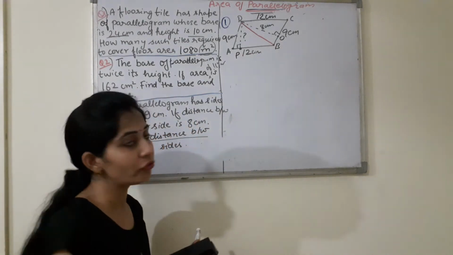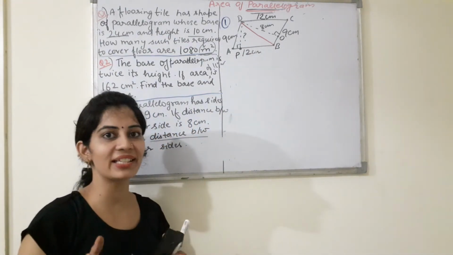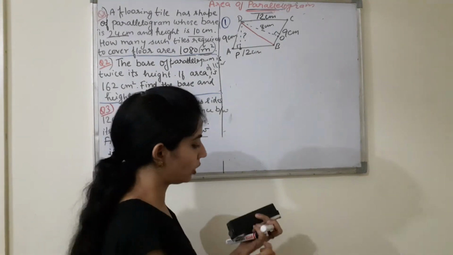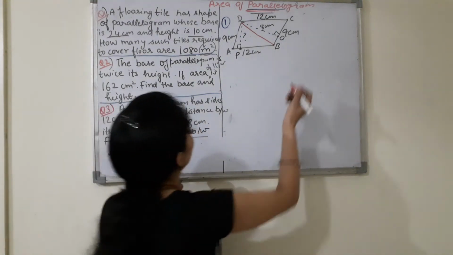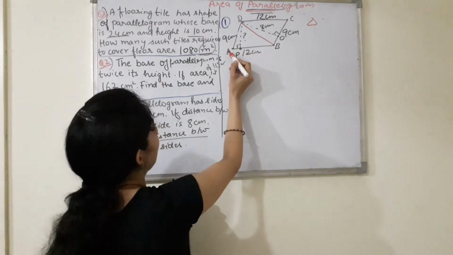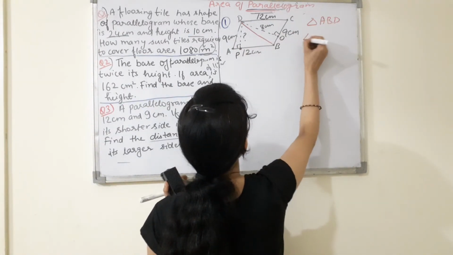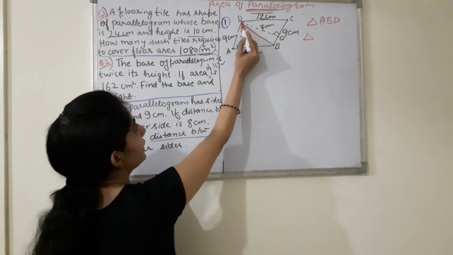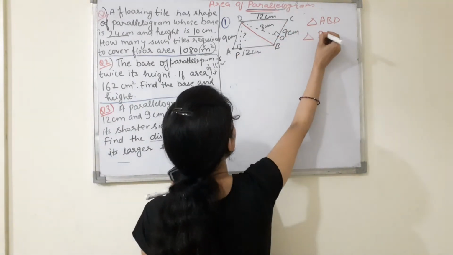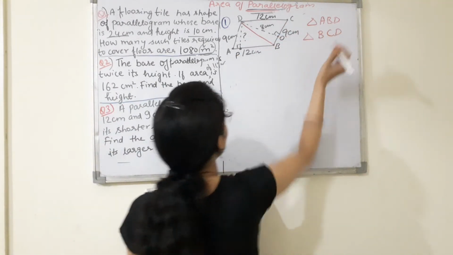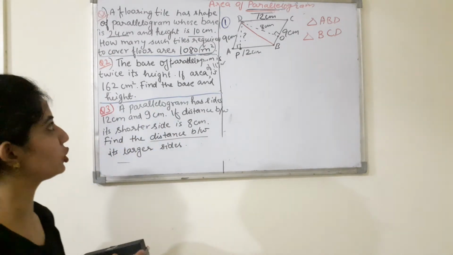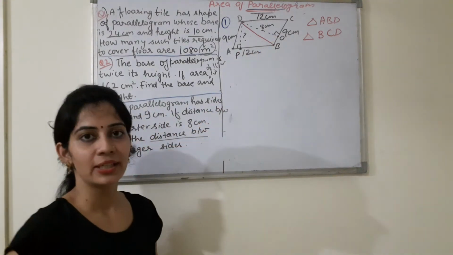Right, area of triangle is what? 1/2 base into height. Now if I see what two triangles are here, see triangle ABD and next the second triangle DBC, that is BCD. Okay, BCD. These are the two triangles that the diagonal divides the parallelogram into.